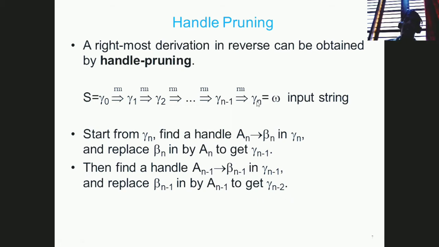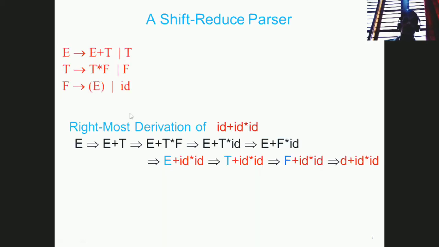In gamma n we replace beta n by A n; in gamma n minus 1 we replace beta n minus 1 by A n minus 1, and I get gamma n minus 2. In gamma n minus 2, I may find beta n minus 2, which is replaced by A n minus 2, and so on. If we repeat this, we get the starting symbol S. This is called handle pruning.